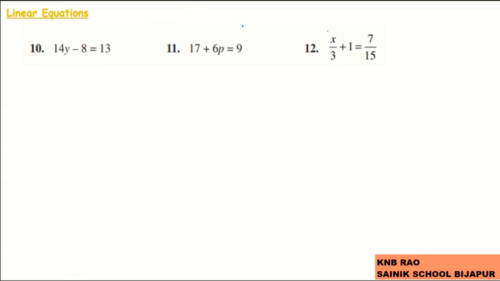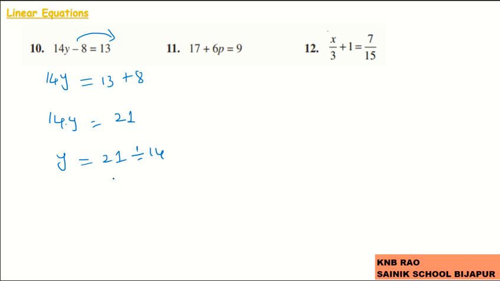Now coming to the question number 10, first I will transpose the subtrahend 8 to that side, it becomes addend. Now it gives us 21, and this 14 which is multiplying, if it is transposed that side, it divides the right hand side. So it gives me 21 divided by 14, which is 3 upon 2.